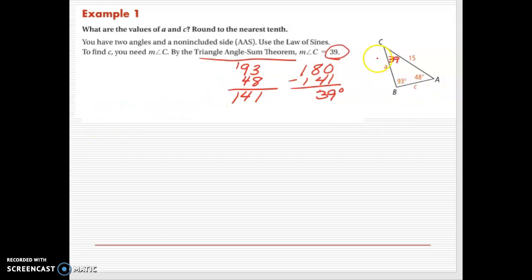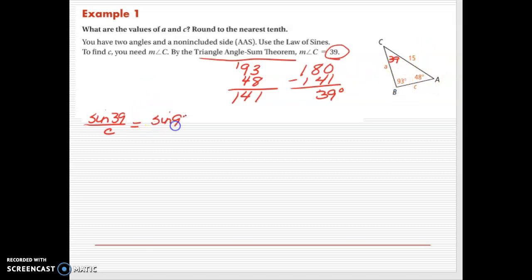Okay, so finding the sides that we've got. Sine of 39 over C, which is unknown, equals, now I don't want to use the A here because that's also an unknown. I wouldn't want 2 unknowns in one equation. I would use this one because that is totally known.